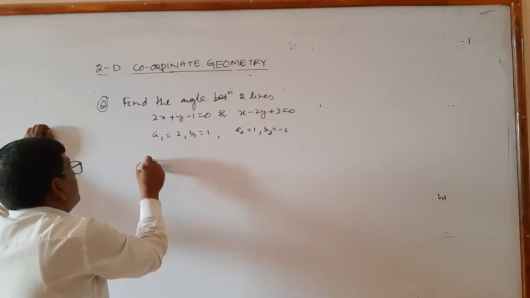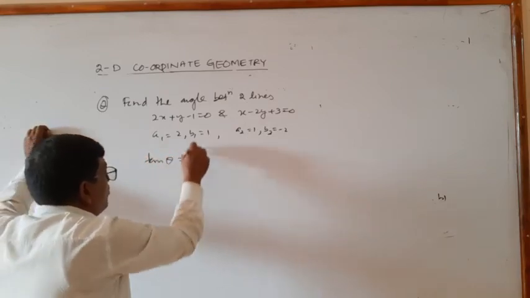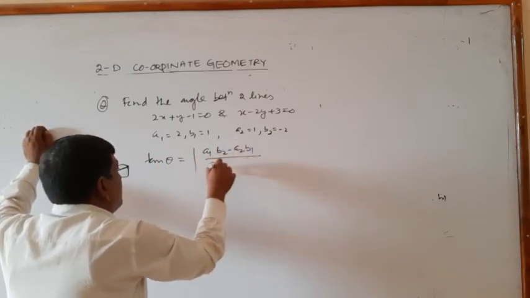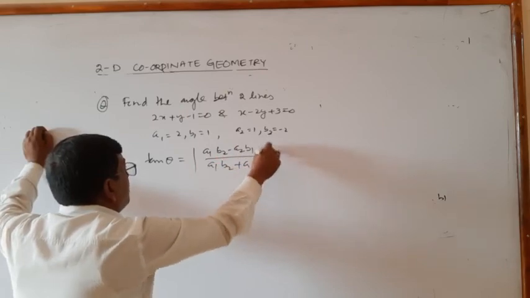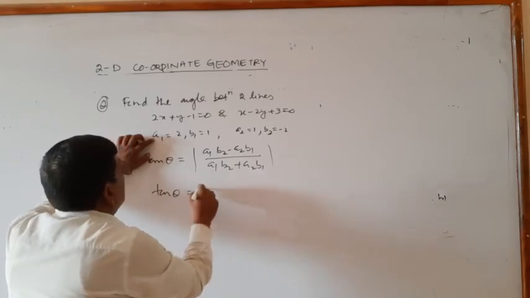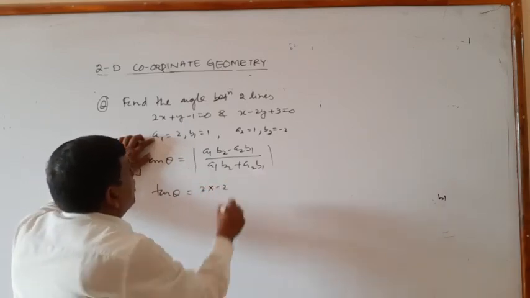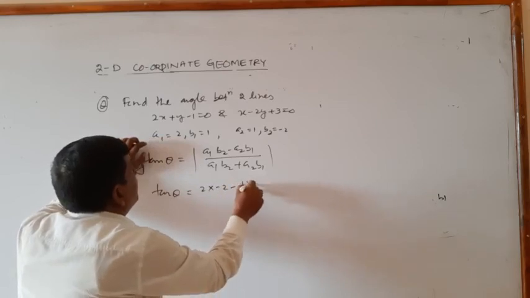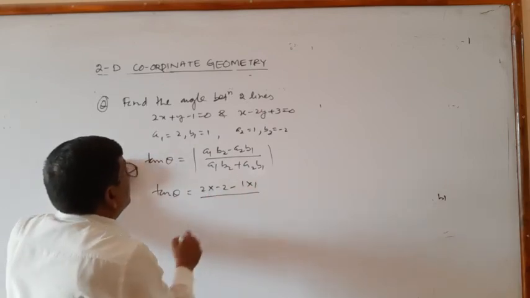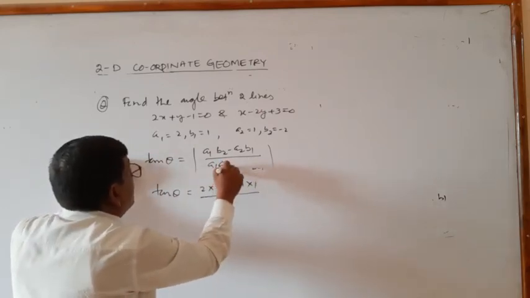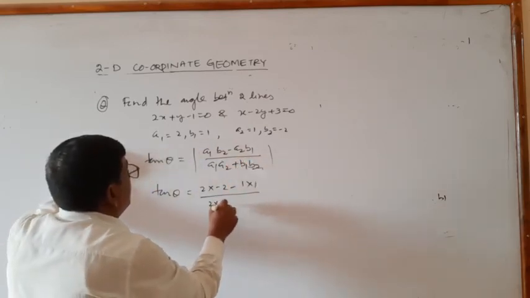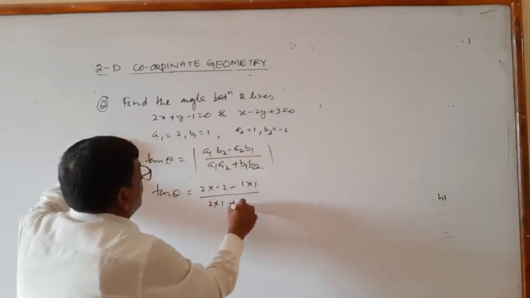Now tan theta is equal to mode of a1 b2 minus a2 b1 divided by a1 a2 plus b1 b2. So tan theta is equal to a1 b2, 2 into minus 2, minus a2 b1, 1 into 1, divided by a1 a2, 2 into 1, plus b1 b2, 1 into minus 2.